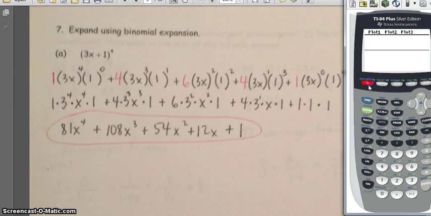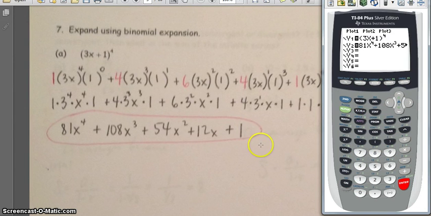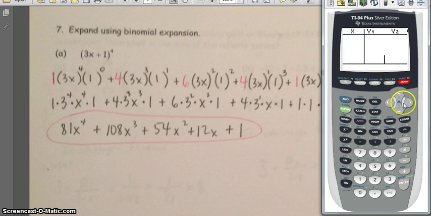That's the answer. So notice if that was an answer choice, and I plugged that equation into the calculator, then I should be able to do second graph, and I notice that the y values of the table are the same. And since the y values of the table are the same, that means these two are identical to each other.